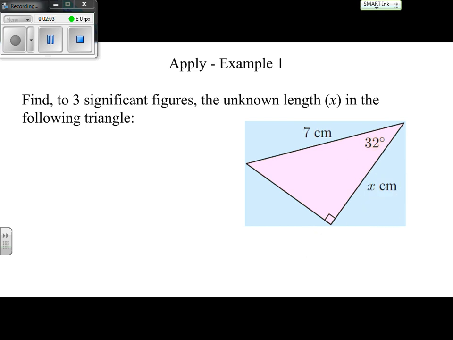So since we're dealing with trig ratios, again, I'm going to write down SOHCAHTOA. So SOH: sine is opposite over hypotenuse, CAH: cosine is adjacent over hypotenuse, TOA: tangent is opposite over adjacent. And we need to start with our non-right angle, which is 32 degrees. Comparing to that 32 degrees, what do we have with this x side and this 7 centimeter side?